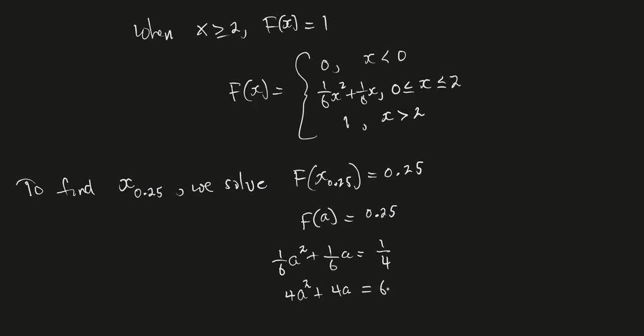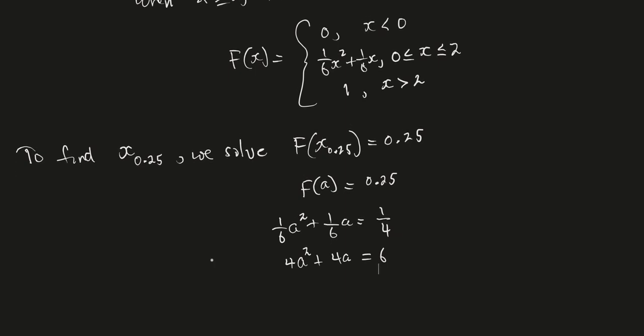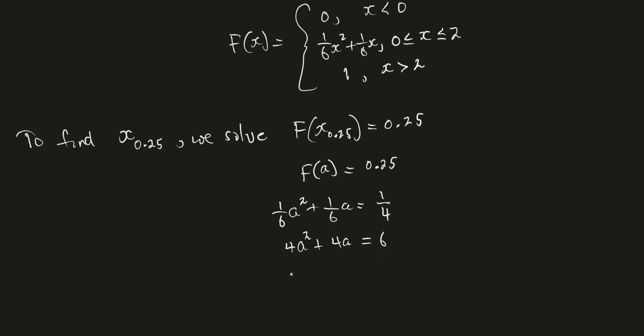And then what I'm going to do is write this quadratic equation in standard form. Actually, the lowest common denominator is 12, so I can simplify the equation once. Let me write it in standard form, and then let's divide through by 2.